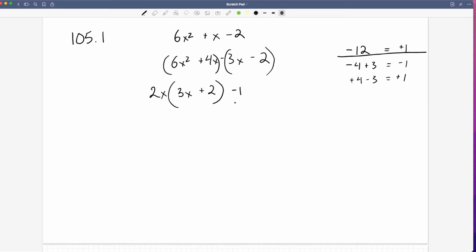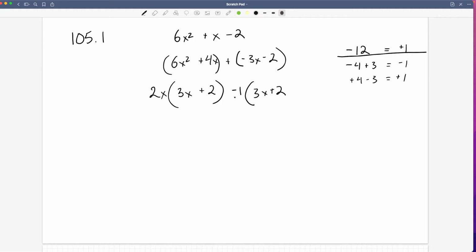And that is going to be (3x plus 2). So what happened was we had that minus 3x plus 2. So I just transferred that to negative 3x minus 2.